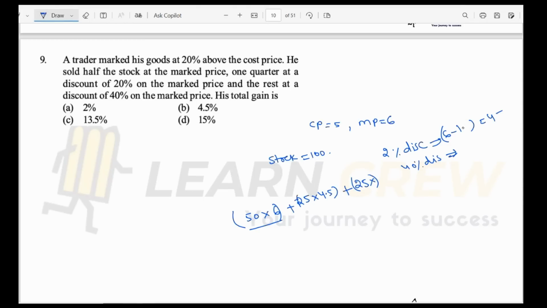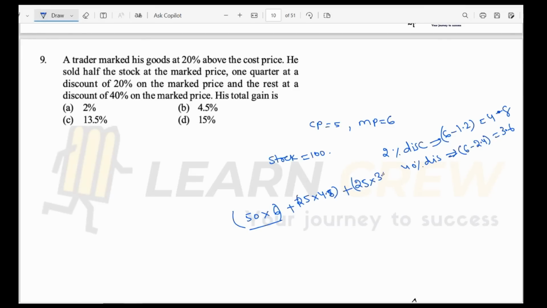So it is 4.8. When 40% discount is given, 6 minus 2.4, which is 3.6. So 25 into 3.6. I hope you have understood.